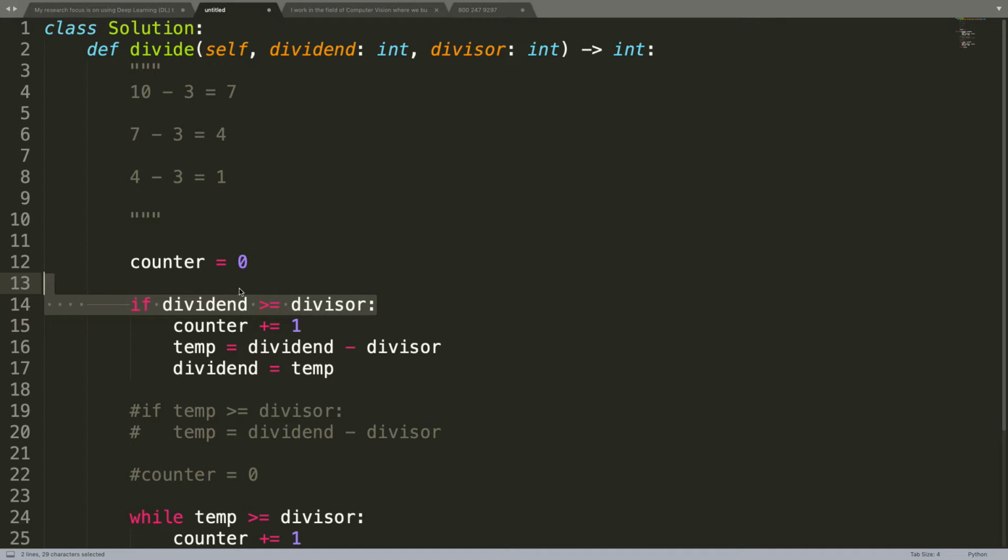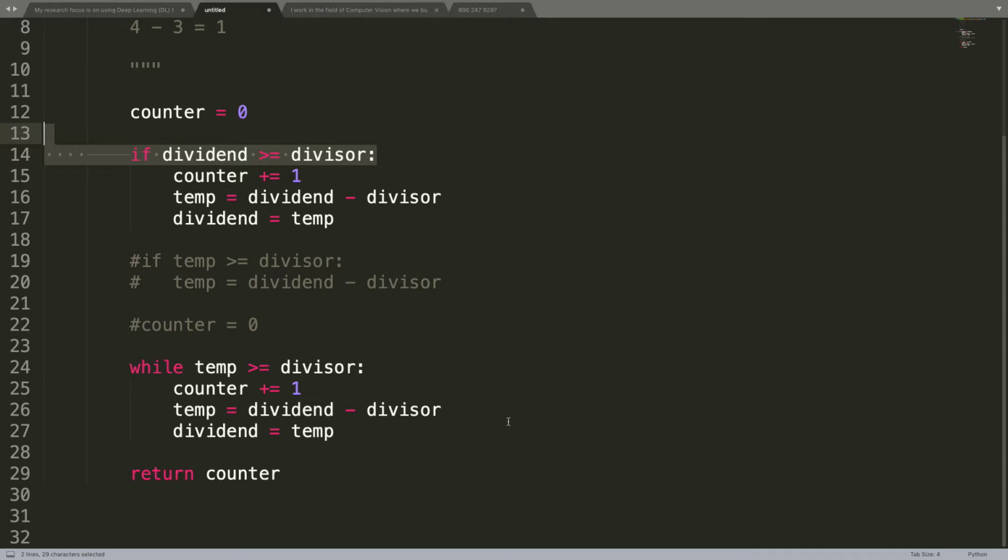That is true. So my counter becomes 1. My temp becomes 10 minus 3, which is 7. My dividend changes to 7. Good. Then it comes down again.